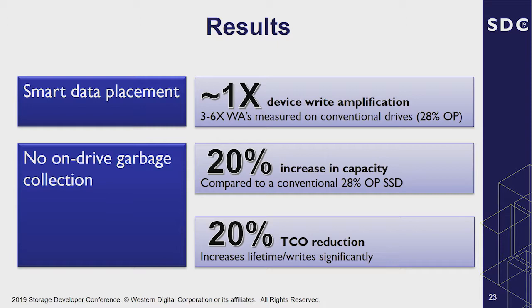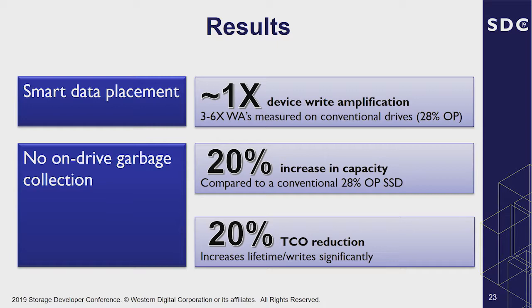And by not doing any on-drive garbage collection, you can reclaim all that space needed to buffer the writes, or buffer the relocation. And that gets you a 20% increase in capacity compared to a conventional drive of 28% over provisioning.